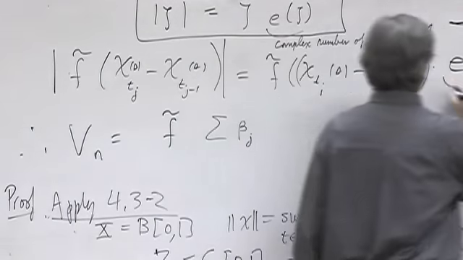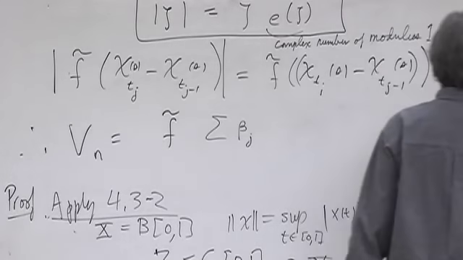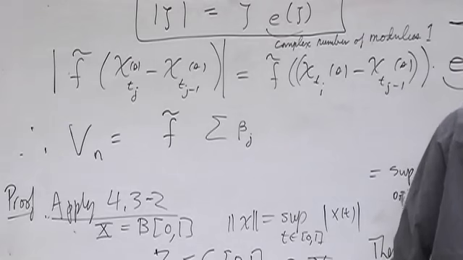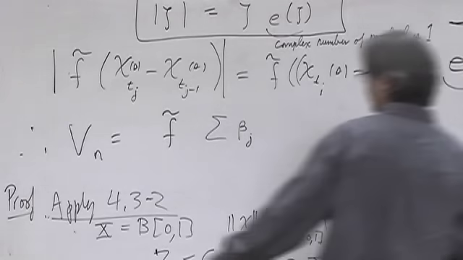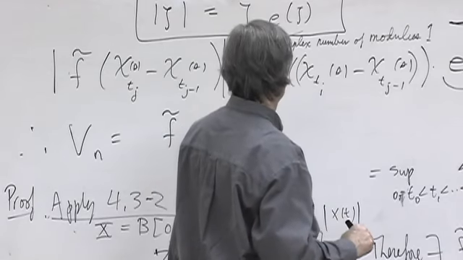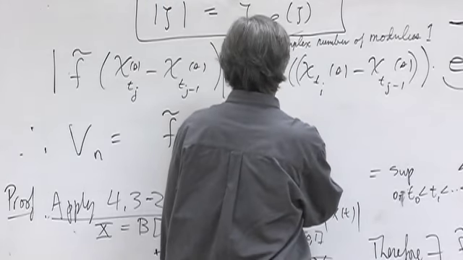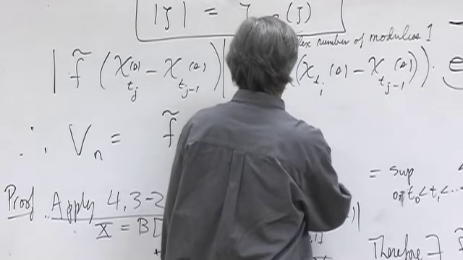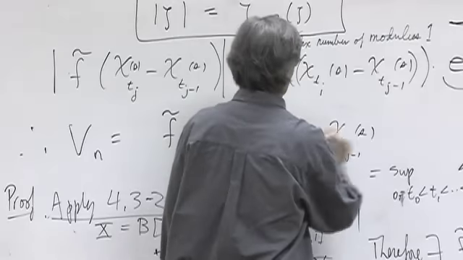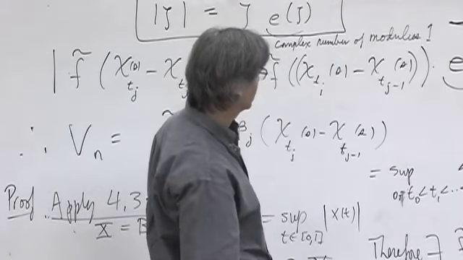Let's call this the beta j then. Times the chi tj of S minus chi tj minus 1 of S. Okay, so that's the business.